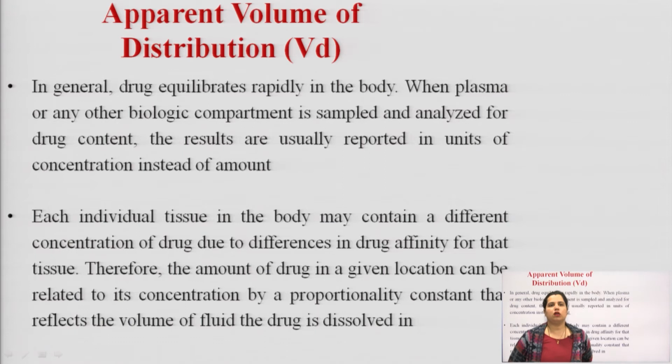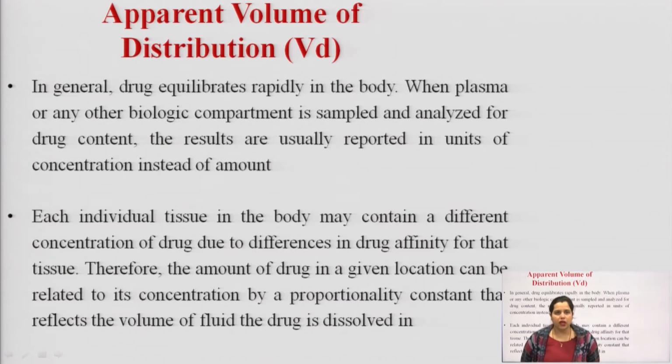Each individual tissue in the body may contain a different concentration of drug due to differences in drug affinity for that tissue. Therefore, the amount of drug in a given location can be related to its concentration by a proportionality constant that reflects the volume of fluid the drug is dissolved in.